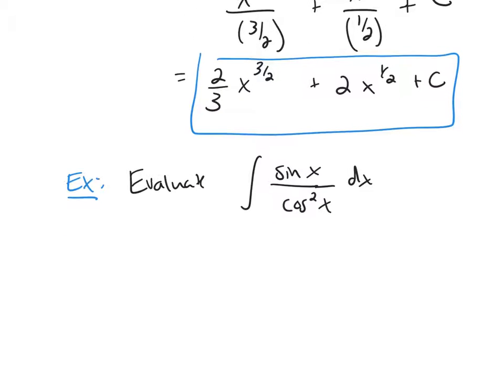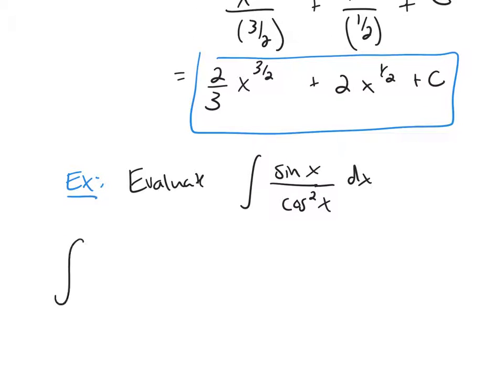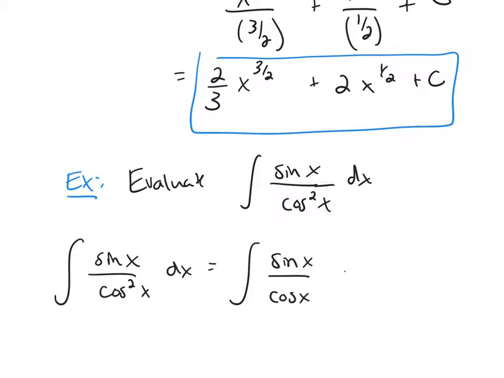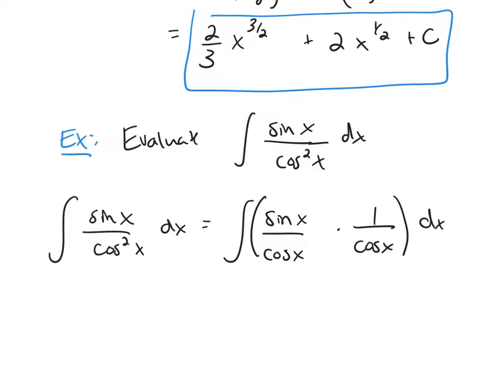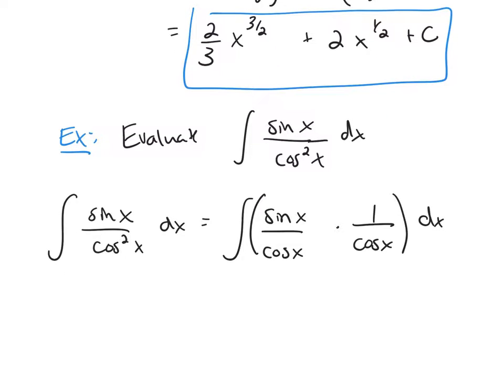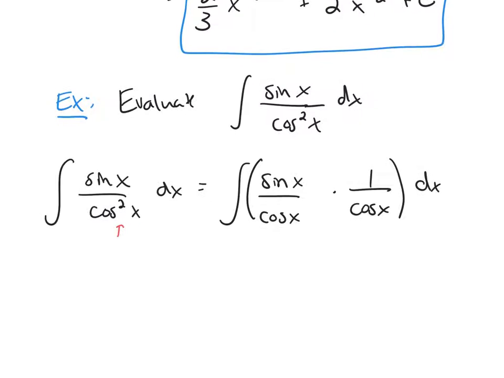So what I'm going to do here is take my sine x over cosine squared, and I'm going to split this up into a sine x over cosine x times 1 over cosine x. So I'm going to split up the squared in the denominator. I'm going to split it up into two pieces.